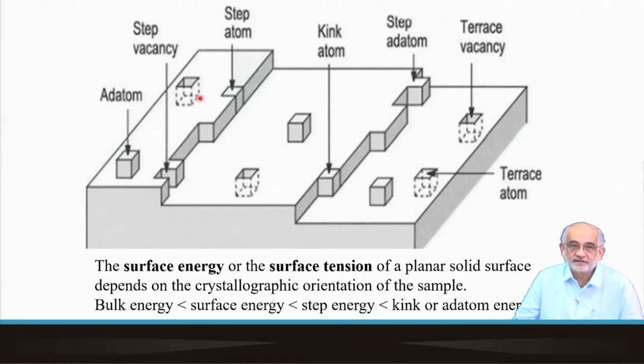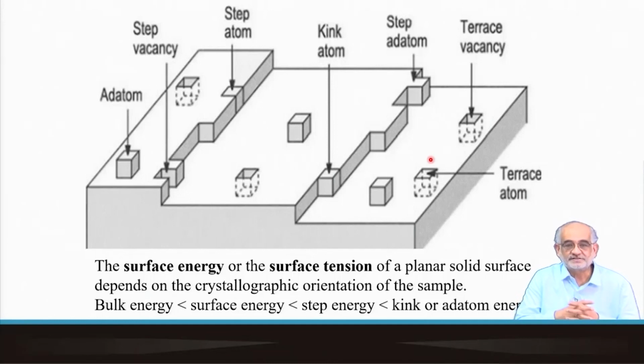And always remember, creation of a new surface is against nature's natural tendency, because you have to spend energy from whatever little you have saved for creation of material or synthesis of material. Instead, if you put this block into this groove here, or this ledge here, or this particular kink here, then they are more stable.